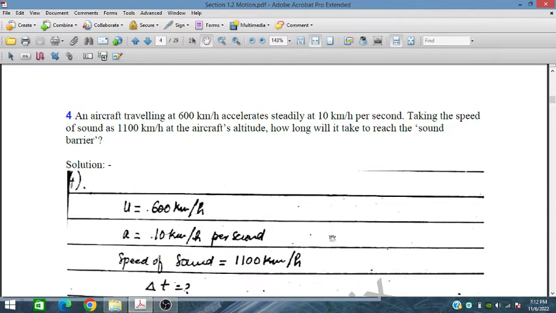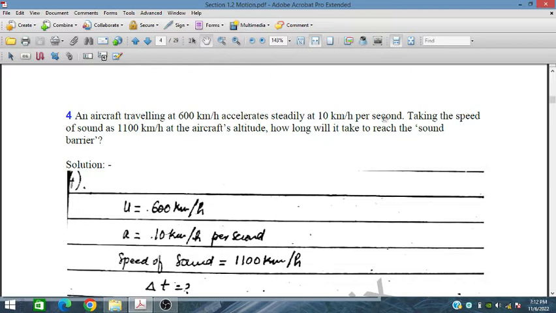An aircraft travels at 600 kilometers per hour and accelerates steadily at 10 kilometers per hour per second. So the initial speed is 600 kilometers per hour, and every second its speed increases by 10 kilometers per hour.